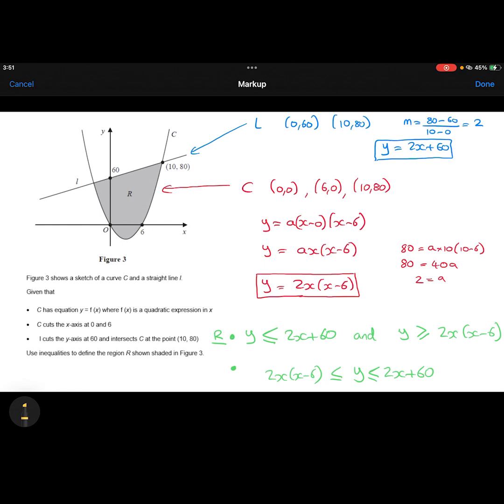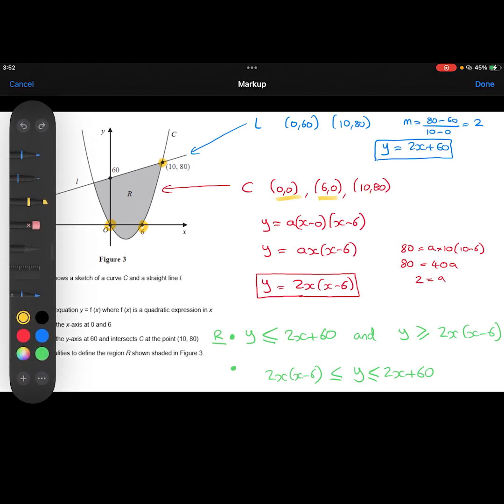We're then told we've got a curve that goes through 0, 0, 6, 0, and again 10, 80. So I'm first going to focus on these two roots. The fact it goes through at 0 tells me x minus 0, and the fact it goes through at 6 tells me that x minus 6 is a factor.